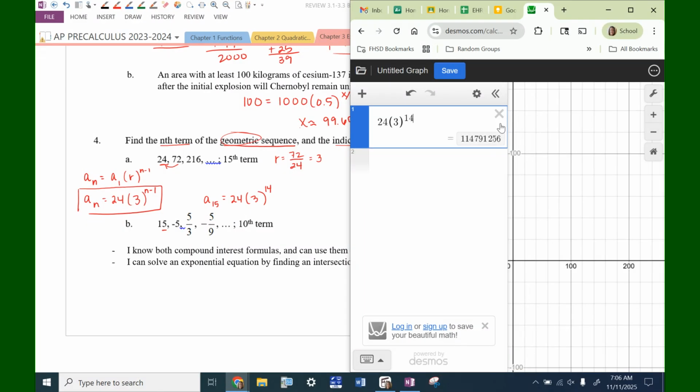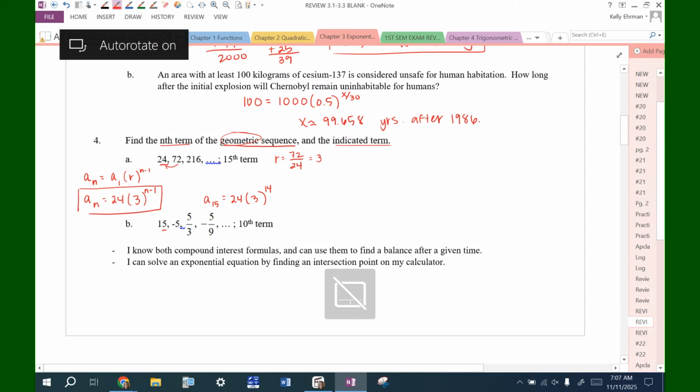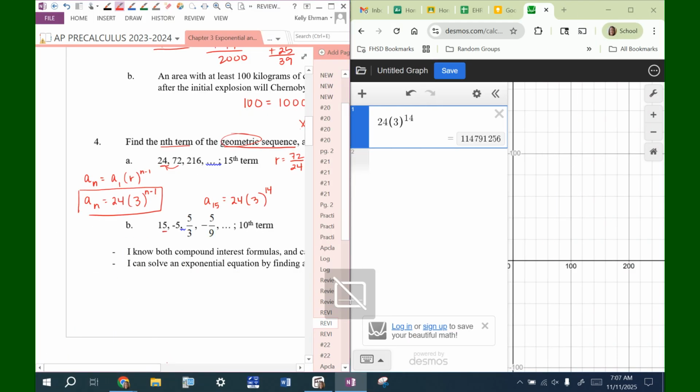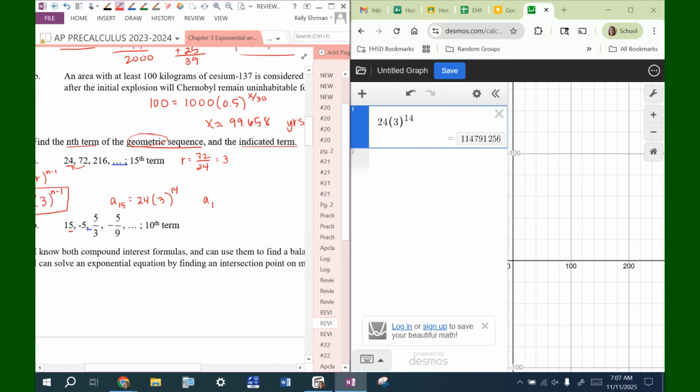There's nothing to round here, so write all of these digits down. So the 15th term is, let me get this written down, throw some commas in to make it easier, 114,791,256 is the 15th term.